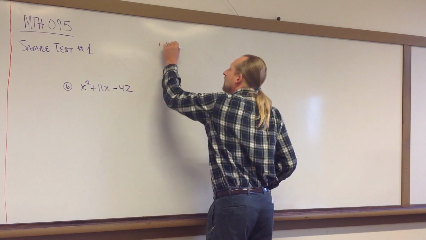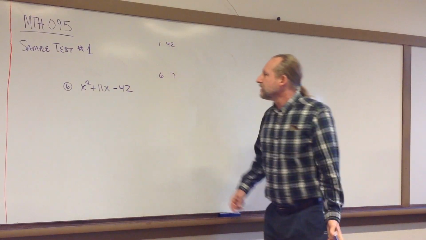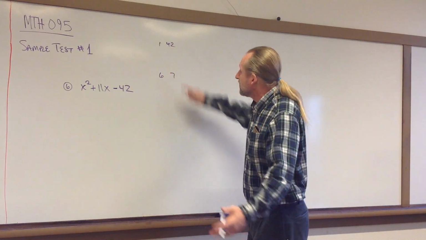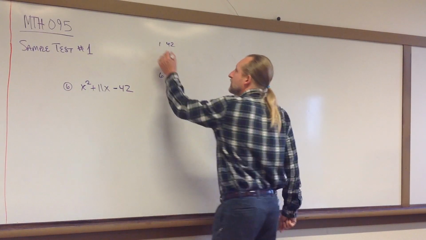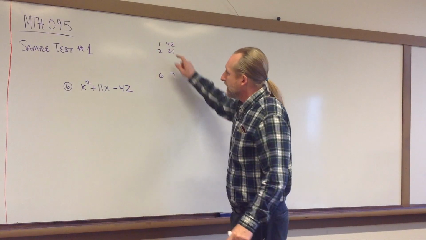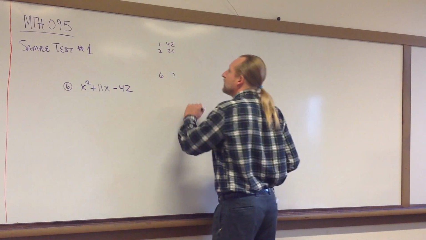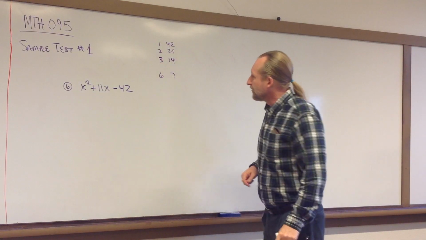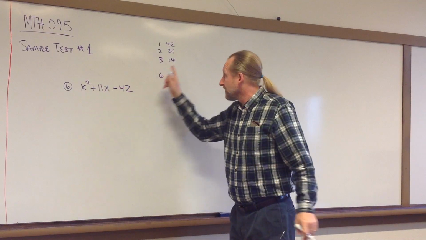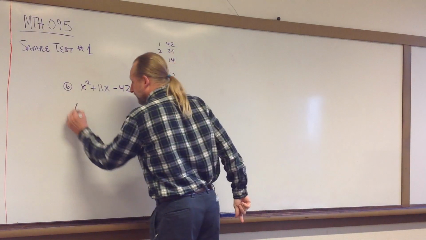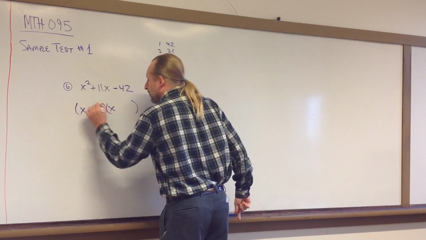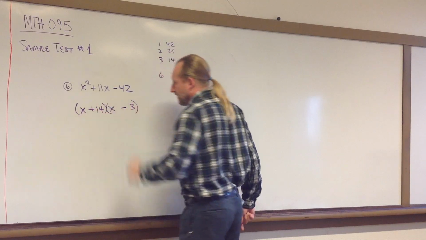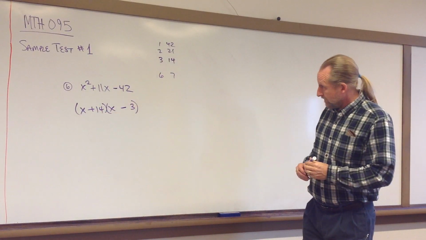Well, 6 times 7 is 42, that one's not going to work because the difference of 6 and 7 is 1. And 1 times 42 is not going to work either because this gives us a difference of 41. So let's see, 2 times 21, that has a difference of 19, also no good. Let's see, does 3 go into 42? Yeah. 3 times 14, those have a difference of 11. 14 minus 3 is 11. That's what we want. So, we'll put the 14 and the 3 in there. We need the 14 positive to give us positive 11, and the 3 negative.